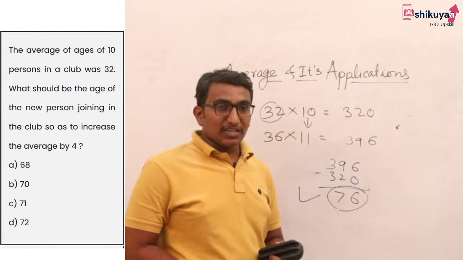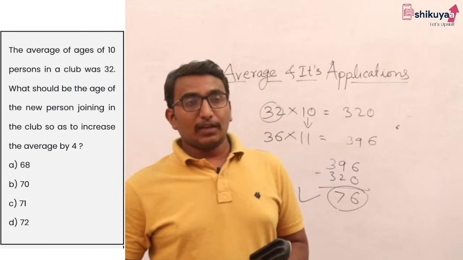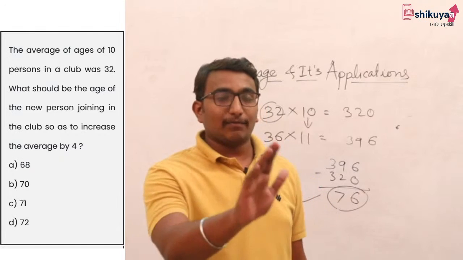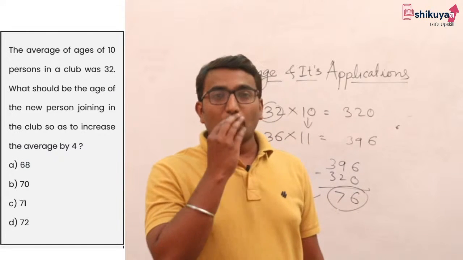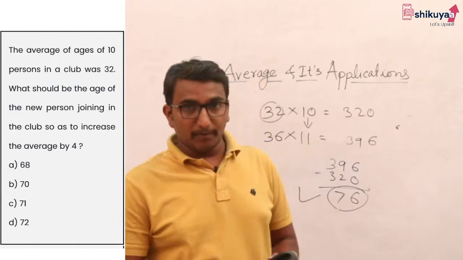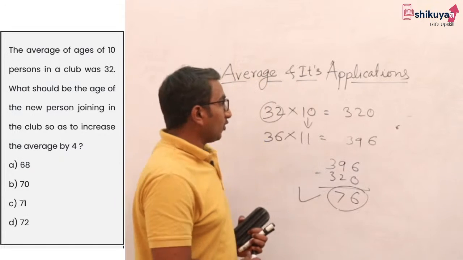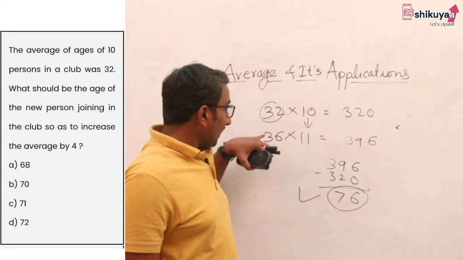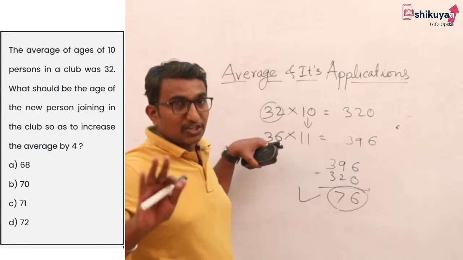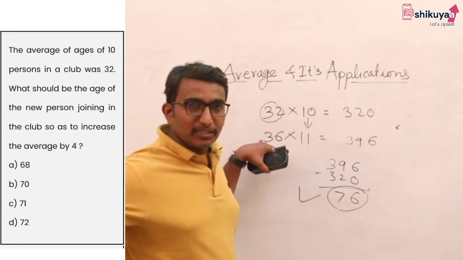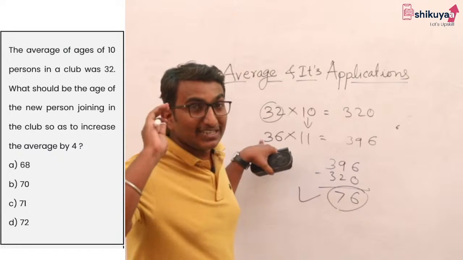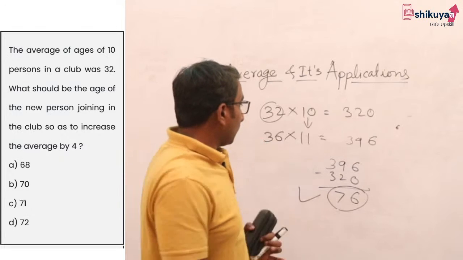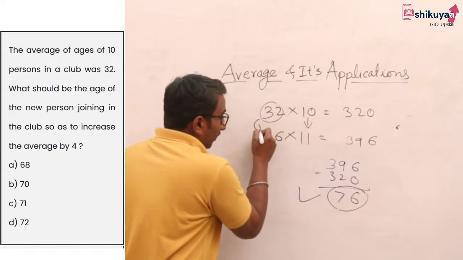There is another approach to solve the same problem. In that approach you need not find the summation of all the people we have been given. Rather, see, the average is going to be increased by 4. Just try to understand my point. It is common sense. You need to concentrate on the concepts very carefully. The average is going to be increased by only 4.